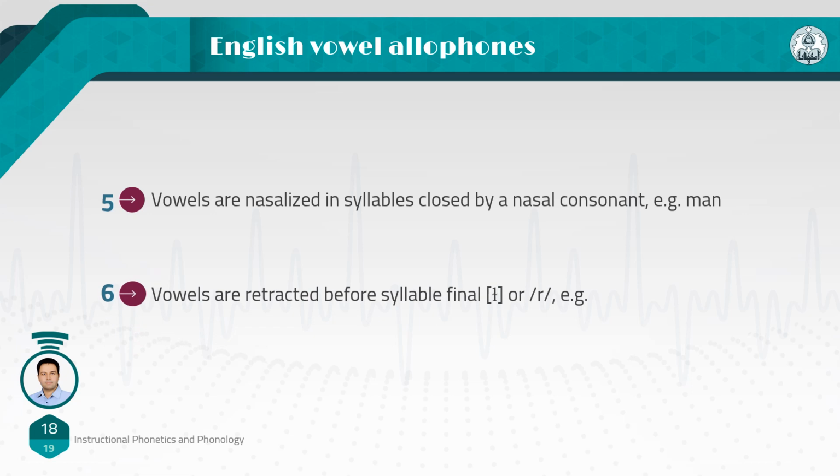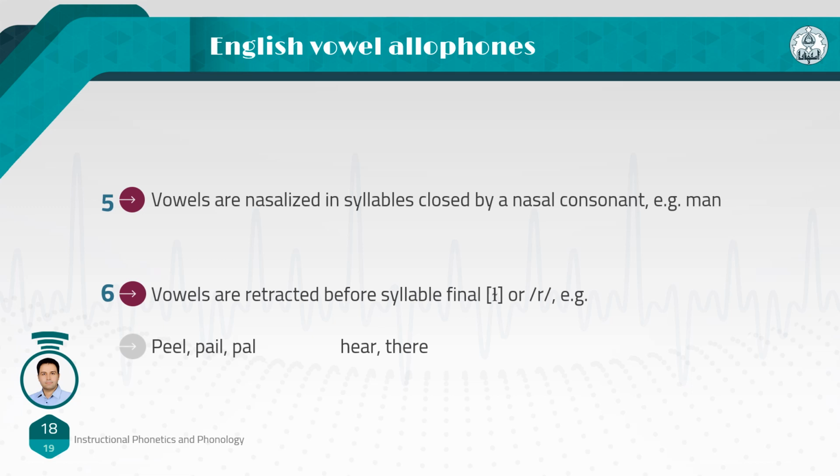Number 6. Vowels are retracted before syllable final le or re. In fact, here by final le we mean velarized le. If you pay attention to the diacritic in the middle, you can see that it is a symbol of velarization.